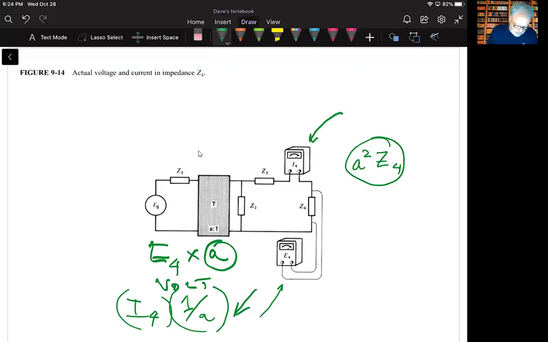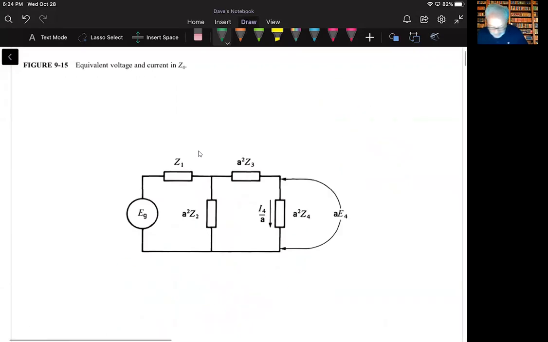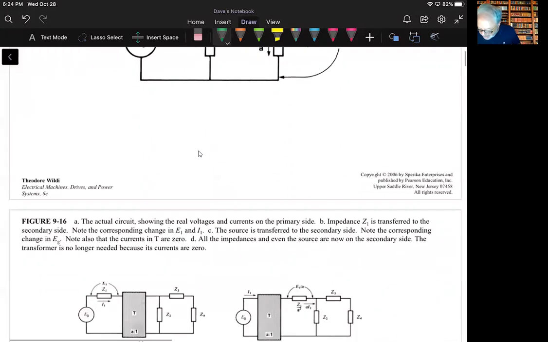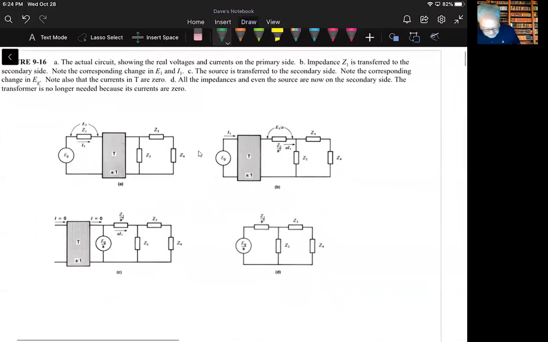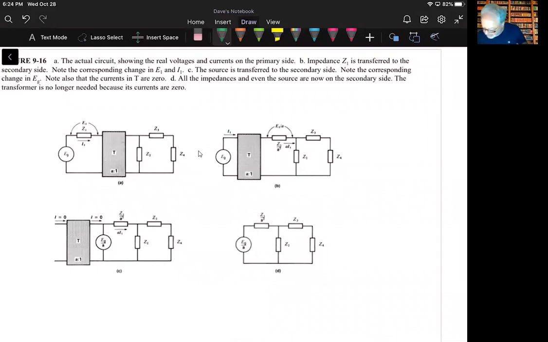And then he says in some cases it's useful to shift impedances the opposite way, where we might shift the impedances from the primary side to the secondary side. That is shown here in figure 9.16. All the impedances transferred from the primary side to the secondary side would be divided by A squared.